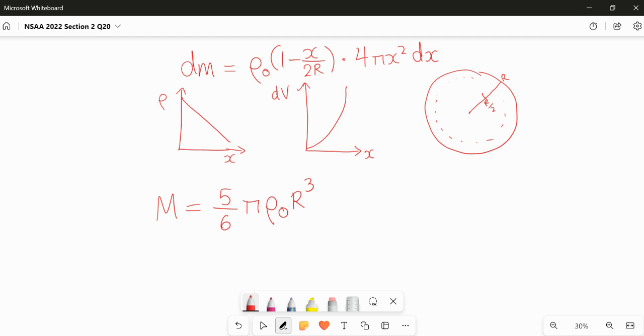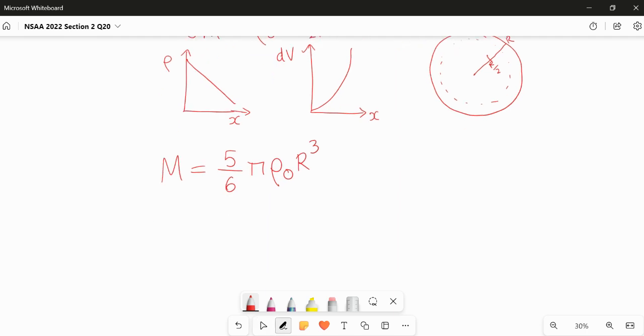Because if we just had this average density times the volume of a sphere, we'd get the same mass compared to this setup, where the density is varying in a strange way. So if we just do the mass divided by the total volume, we would get the average density.